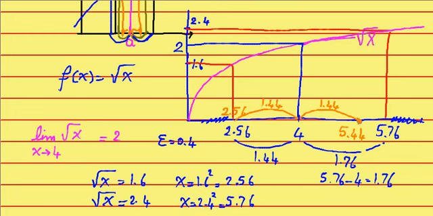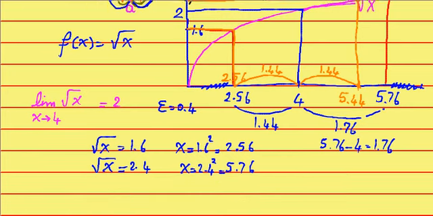So now we say if x is within this orange region, if I am right here, my y is going to be inside the originally designated region.